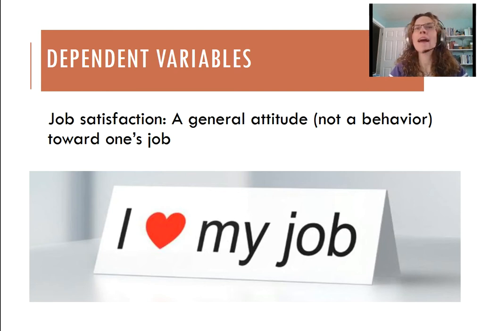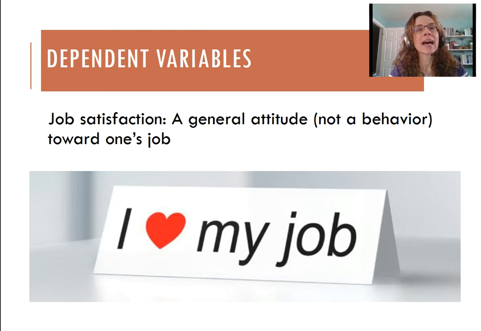It includes everything about our feelings toward our job, how satisfied we are with our boss, how satisfied we are with our coworkers, how satisfied we are with the job itself, how satisfied we are with our working conditions, how satisfied we are with opportunities to advance, to be promoted, to get raises, opportunities to be challenged, to solve problems. All of that fits into our overall job satisfaction.